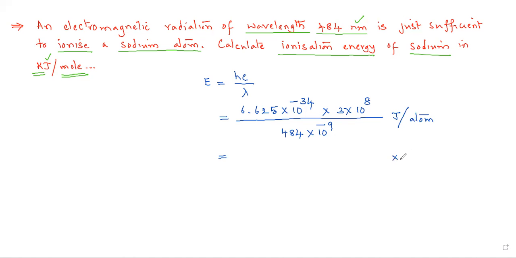Now I'll convert this joules into kilojoules. Let me multiply this by 10 power minus 3.